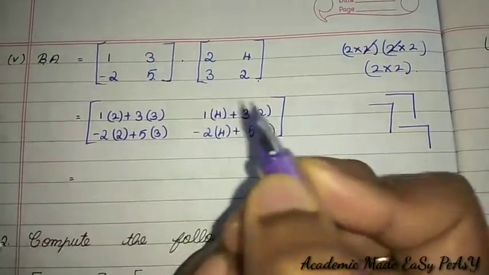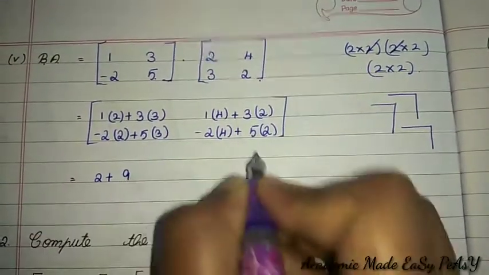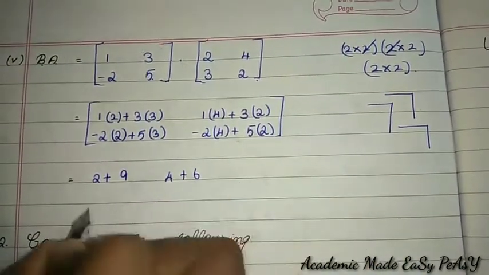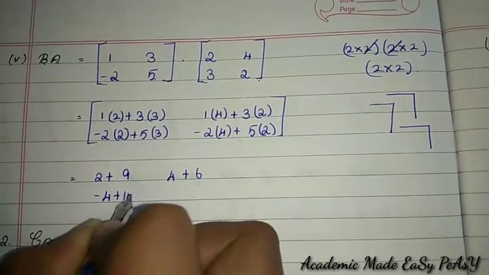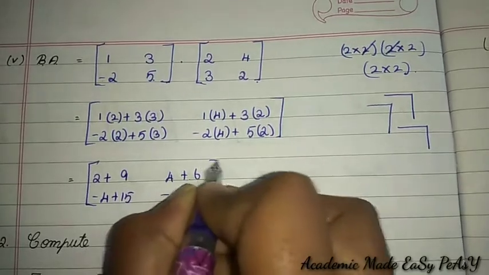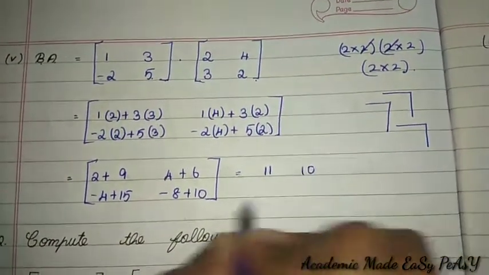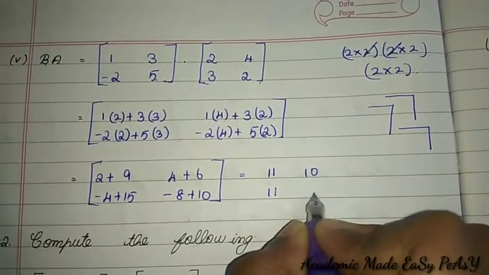So now 2 plus 9, 4 plus 6, minus 4 plus 15, minus 8 plus 10. So my answer is 11, 10, 11, 2.